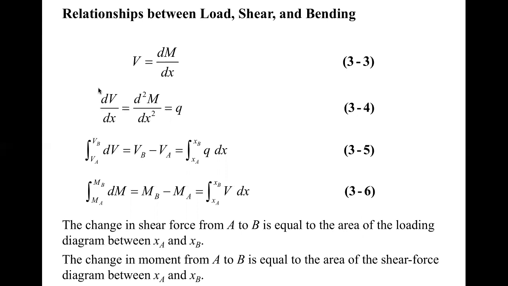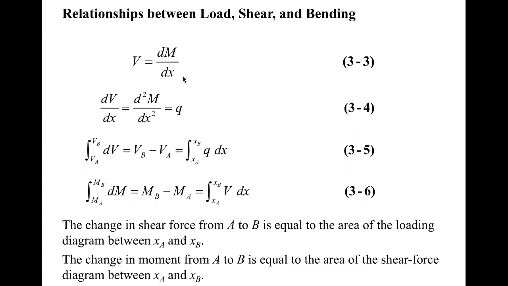So you do integration. From point A to point B, the integral of dV equals VB minus VA, from XA to XB. If you integrate one time from A to B, you'll get a shear.